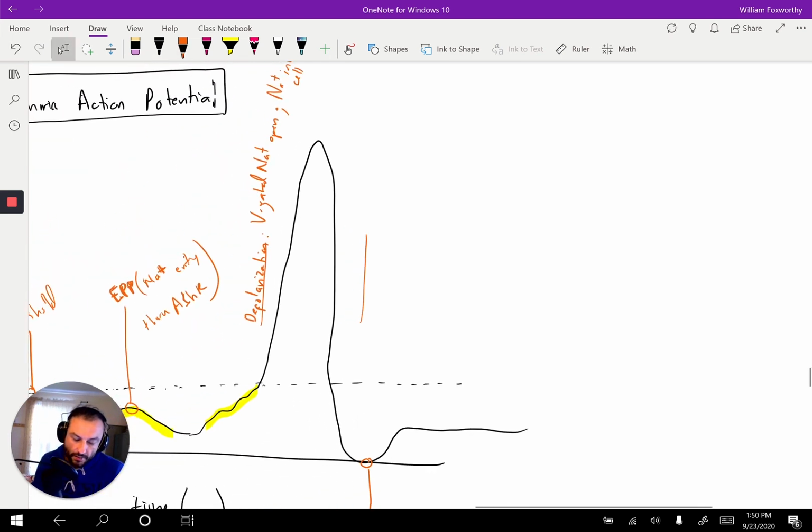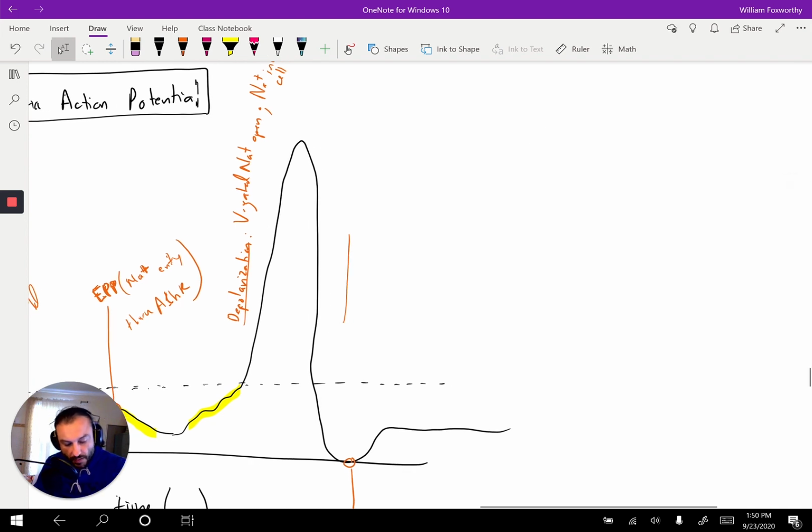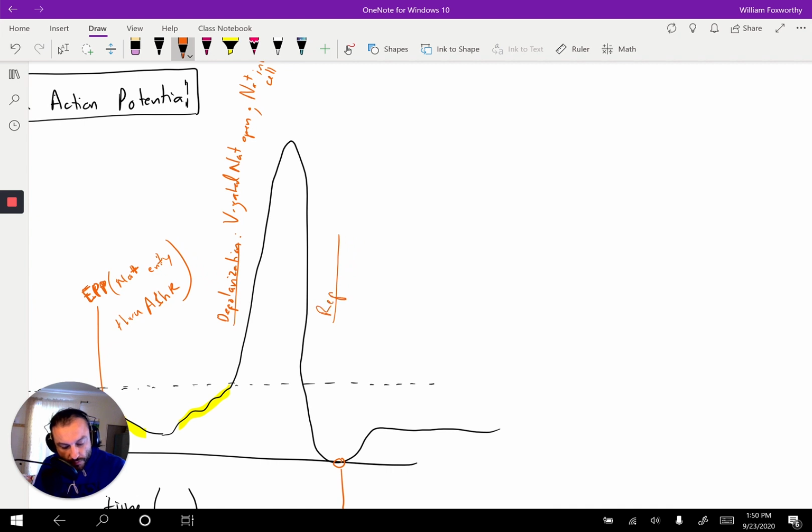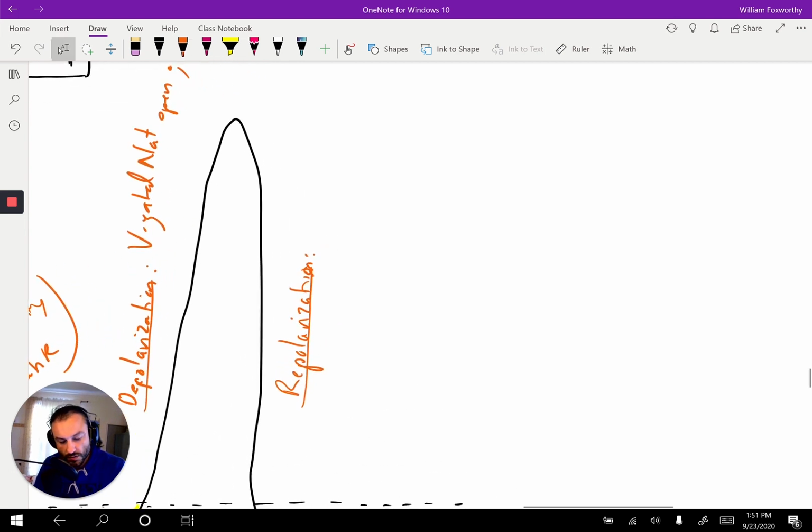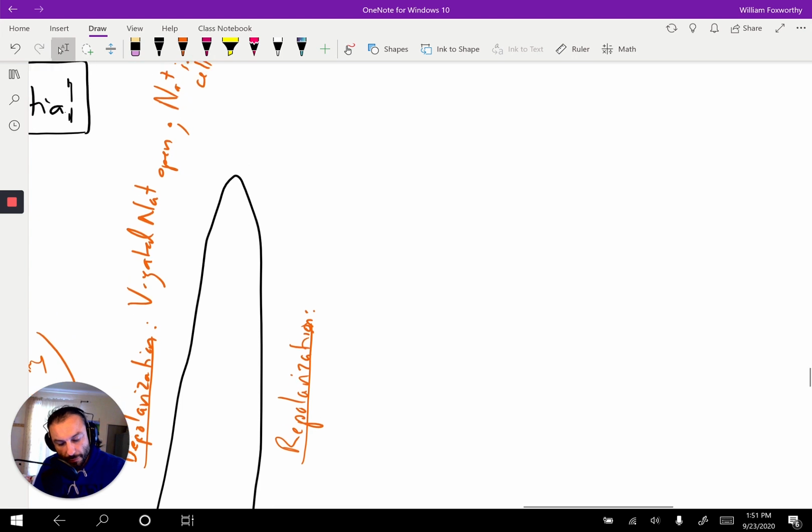All right, and like I said in the previous graph, once you have triggered the opening of your sodium channels, you also trigger the opening of your voltage-gated potassium channels, but there's a bit of delay. So this downward part of the graph is called repolarization. And what channel has opened here?